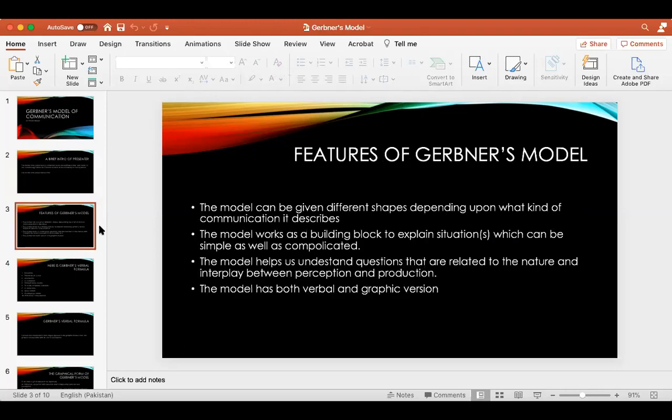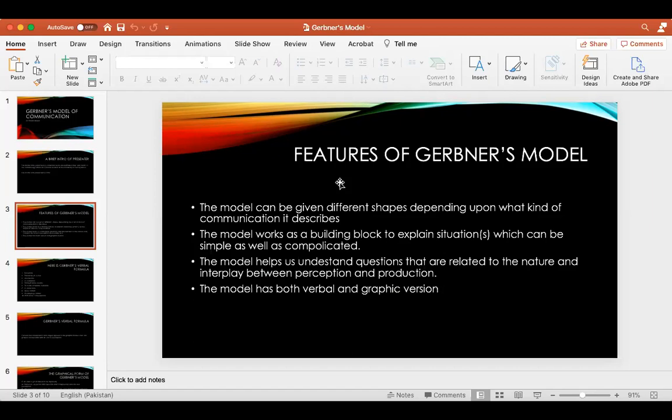All right, good. Now, another good thing about Gardner's model is that it works like building blocks. It has two versions: a graphical version and a verbal version. The verbal version comes in the form of a statement, and the graphical version comes in the form of a diagram.